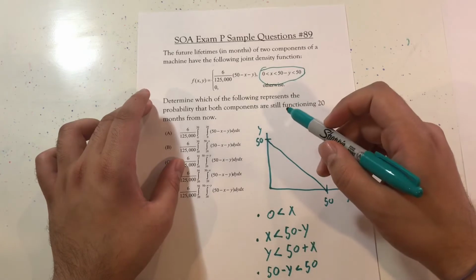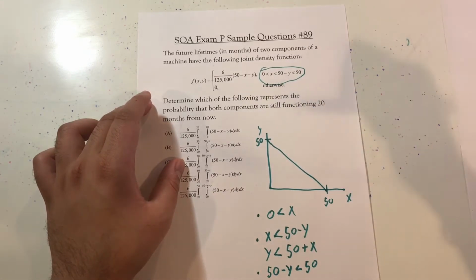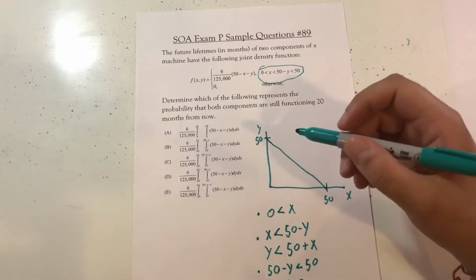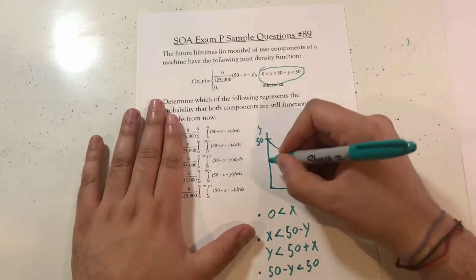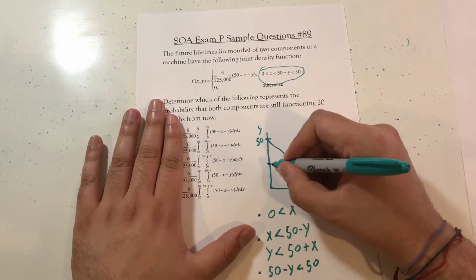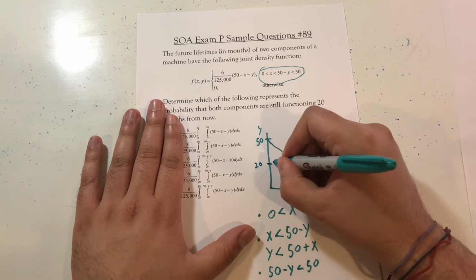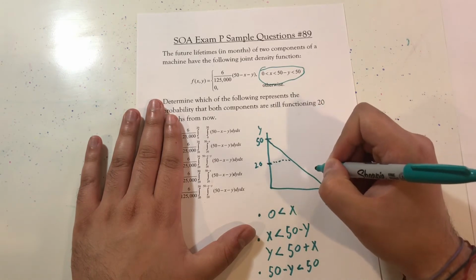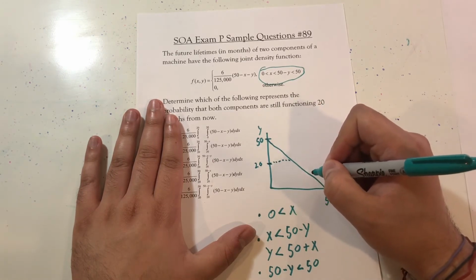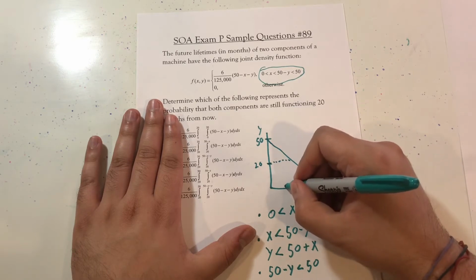We need to figure out the following. Determine the probability that both components still function 20 months from now. Okay, so the first component, right, we want to see it above, let's say this is 20 here. And the second component, that's 20 here.